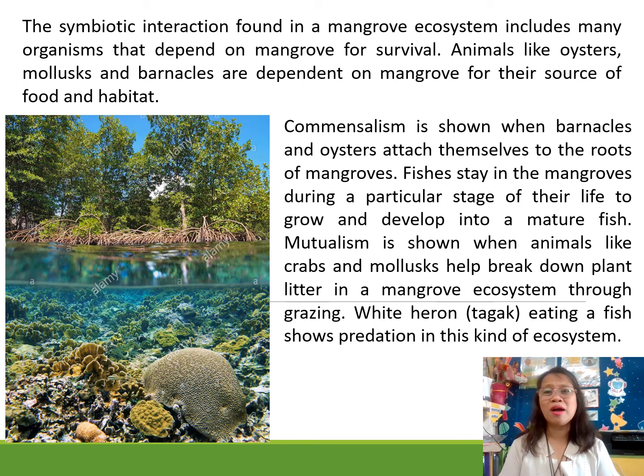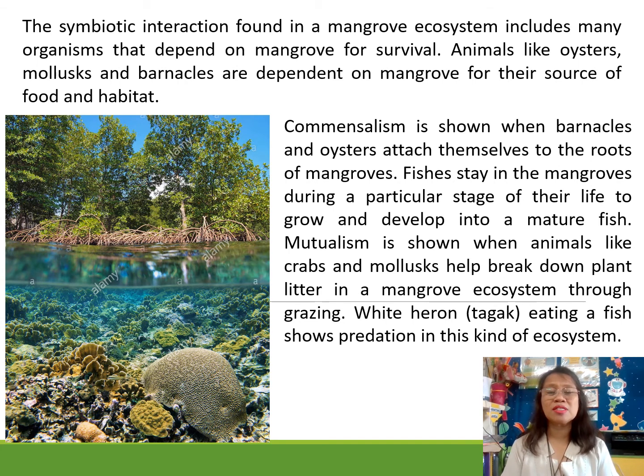Okay lang sa roots of mangroves nga na mga barnacles, okay ra. It is not affected. Fishes stay in the mangroves during a particular stage of their life. Samtang gagmay pa sila, nga sila ilawom sa mga roots sa mangroves kay mo hide against sa mga dagko nga mga fishes. They grow and develop into a mature fish.